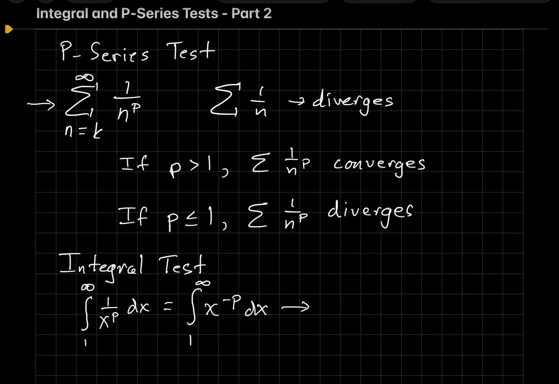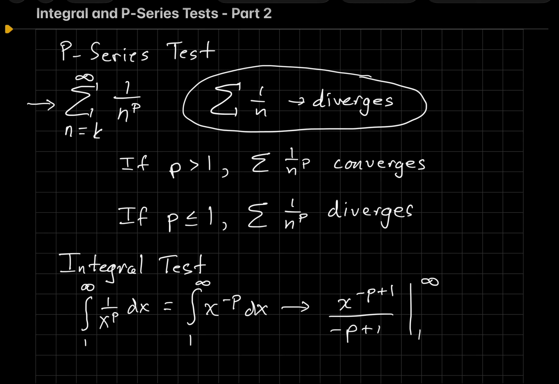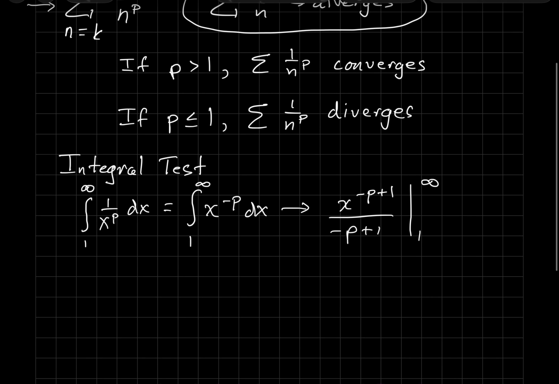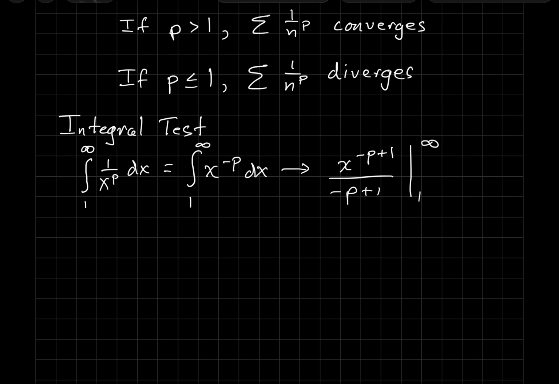When we integrate, we would need to add 1 to the power and then divide by the new power, except in the case when p equals 1, but we already know that diverges. That's the special case. Now, I'm going to write this as c, some constant, times x to the negative p plus 1, because the power is what really matters.